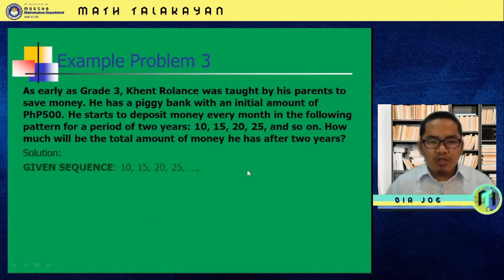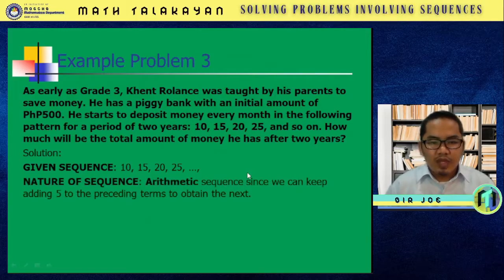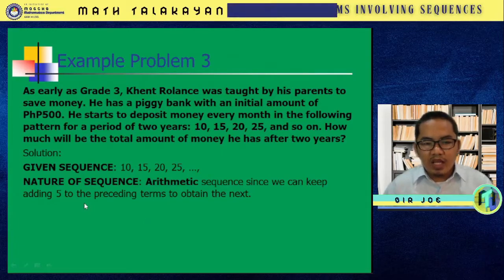So for our solution, this is our given sequence: 10, 15, 20, 25, and so on. This is an arithmetic sequence since we can keep adding 5 to the preceding term to obtain the next.